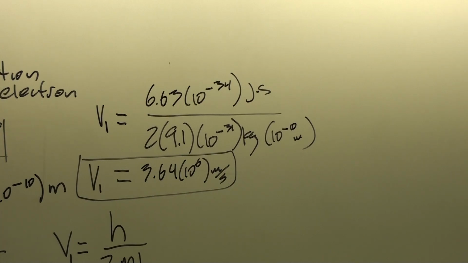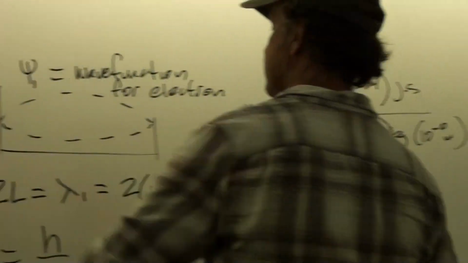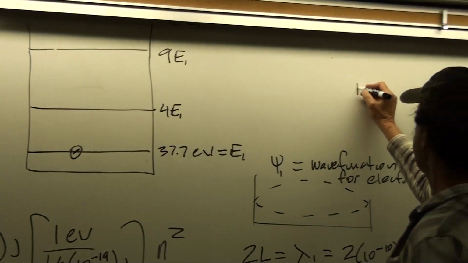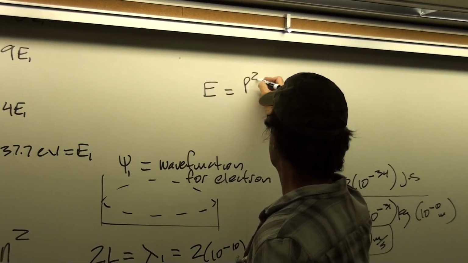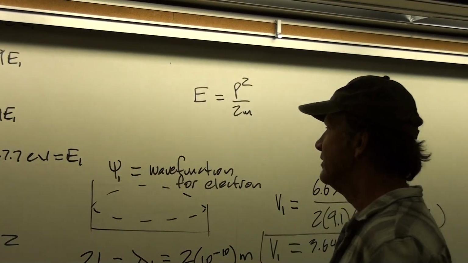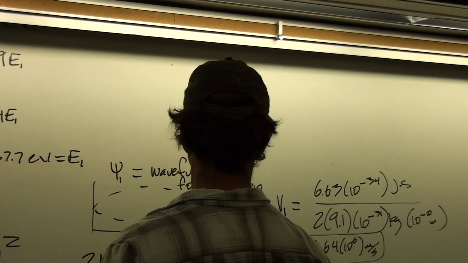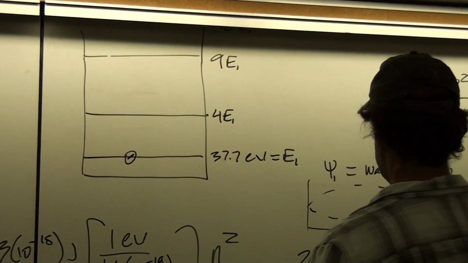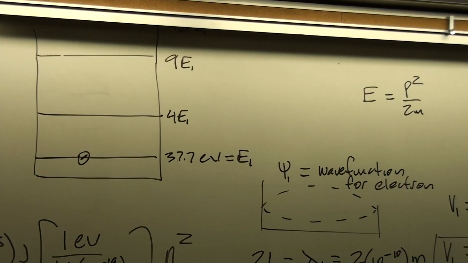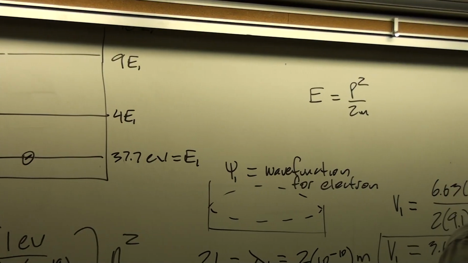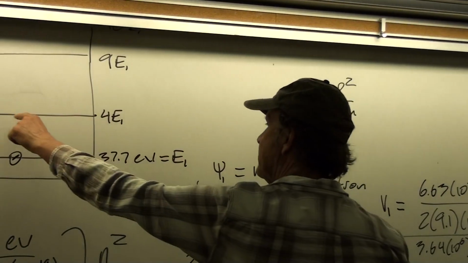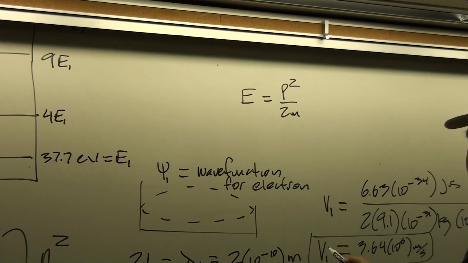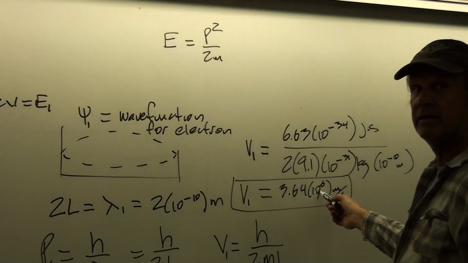Now, how would this work then if we went up to a higher energy? Well, the energy, E, goes like p squared over 2m. And so if we went up to a higher energy, say 4E1, then the wavelength would be cut in half, the momentum would be doubled, and the velocity would be doubled as well.